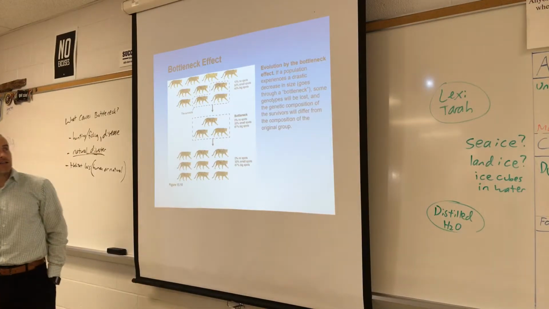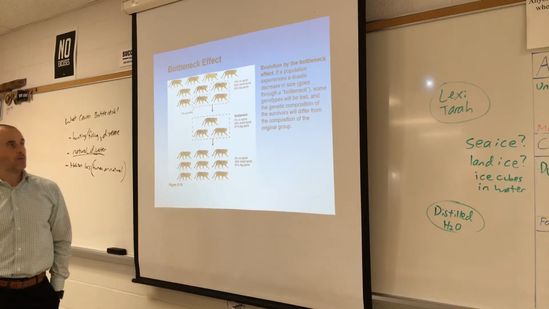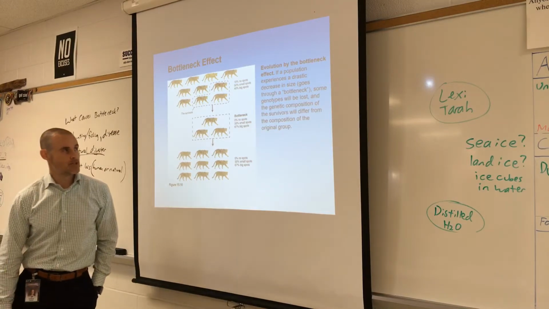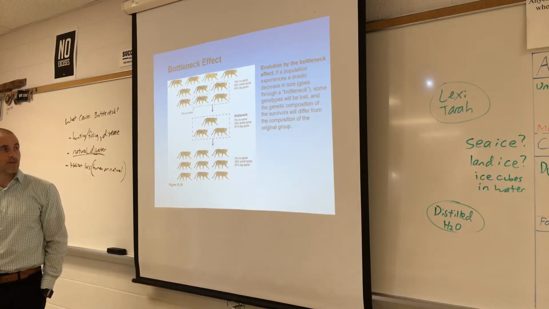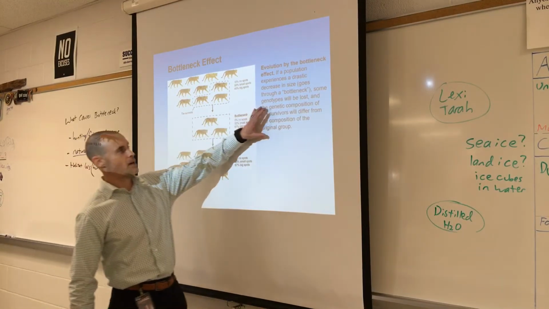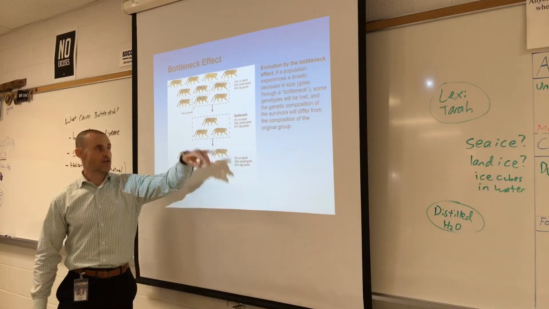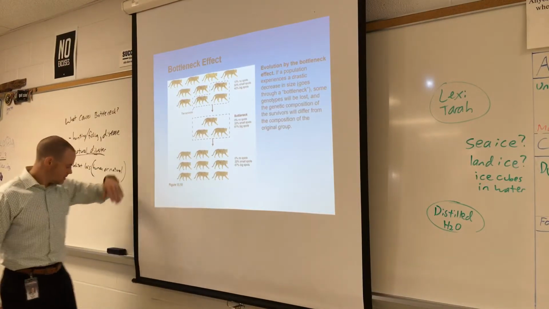Evolution by bottleneck effect. If a population experiences a decrease in size, they go through a bottleneck, meaning some genotypes will be lost, and the genetic composition of survivors will differ from the composition of the original group. So I would like you to actually write that part down. The genetic composition of survivors is different than the original group.